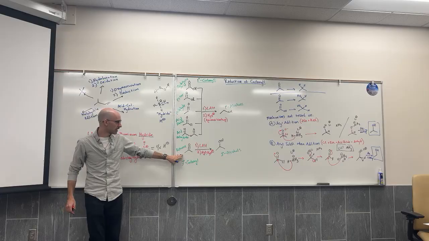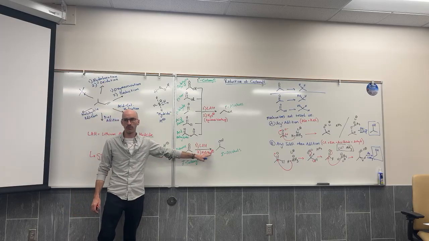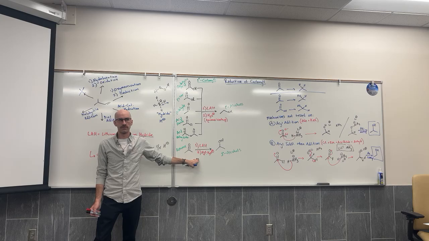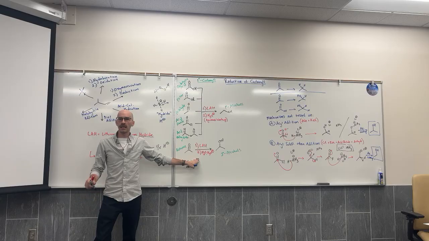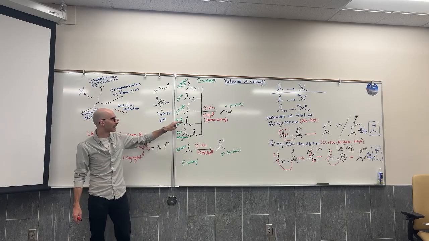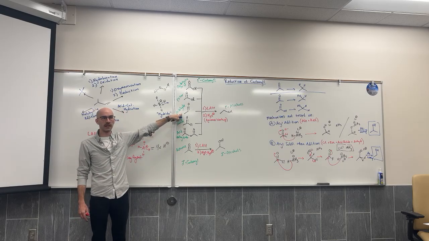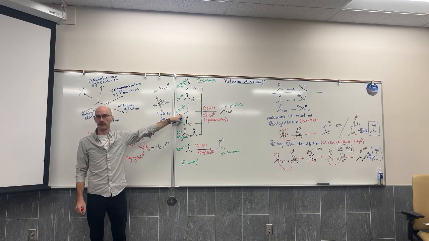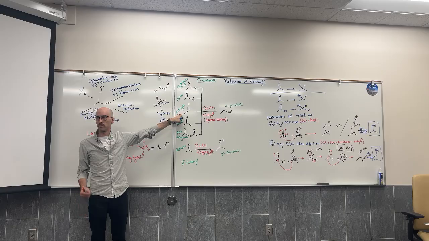How many hydrogens added to the carbonyl carbon when reducing our ketone? 1 hydrogen. How many hydrogens added to the aldehyde when reducing our aldehyde? How many hydrogens added to the carbonyl carbon? 2 hydrogens added to the carbonyl carbon.